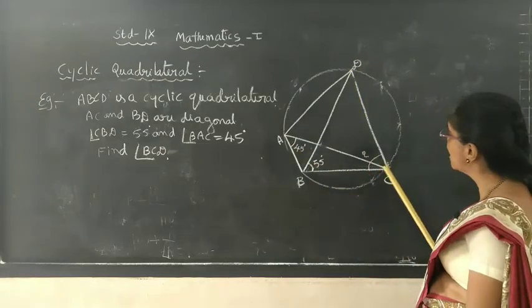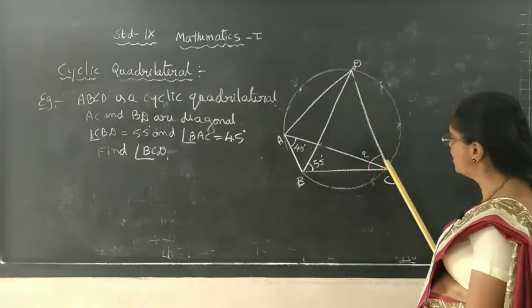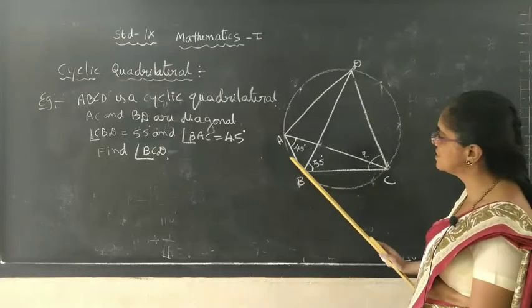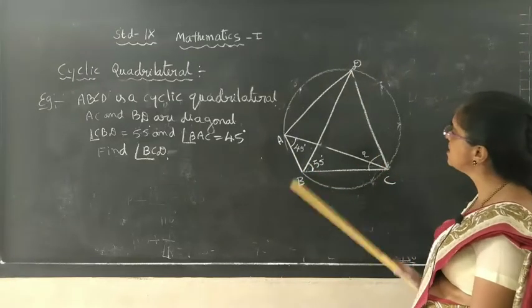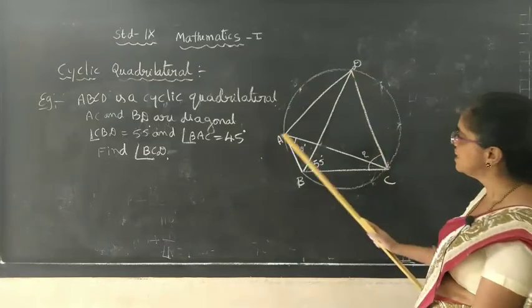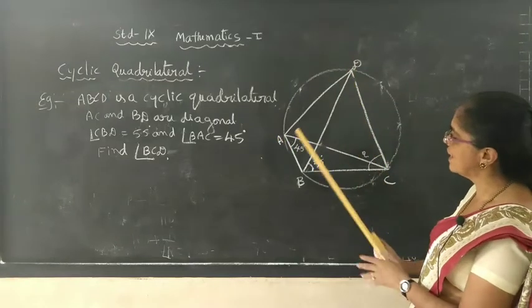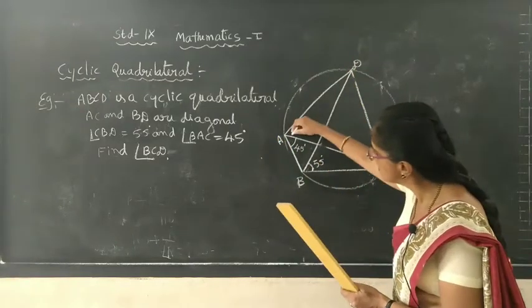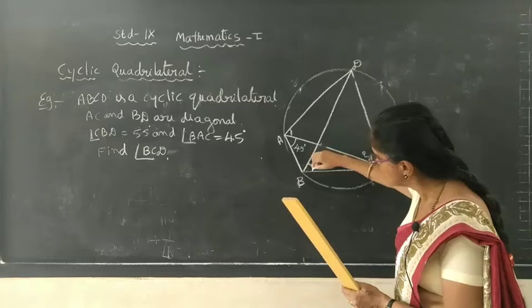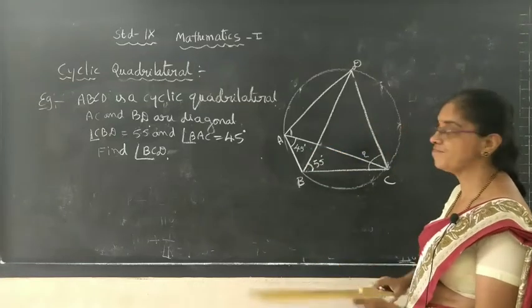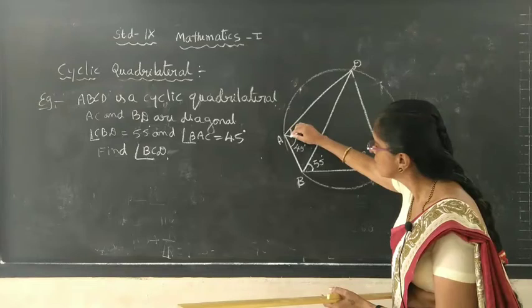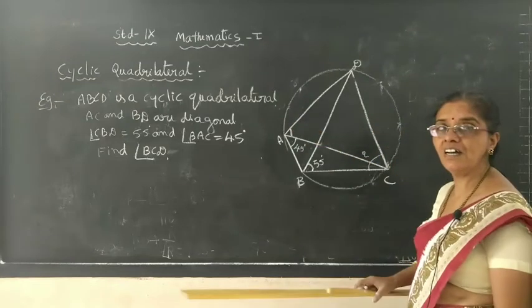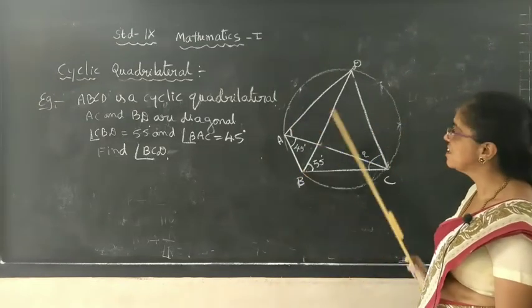If you consider CD as chord and in the major segment, there are two angles, CBD and CAD. If you see this angle and this angle, they are the same angles.